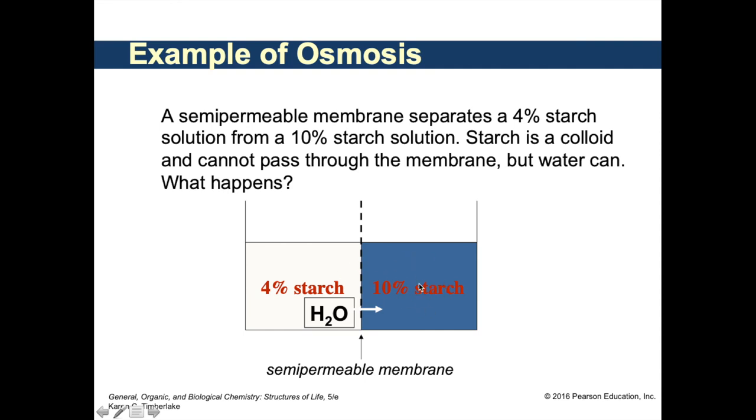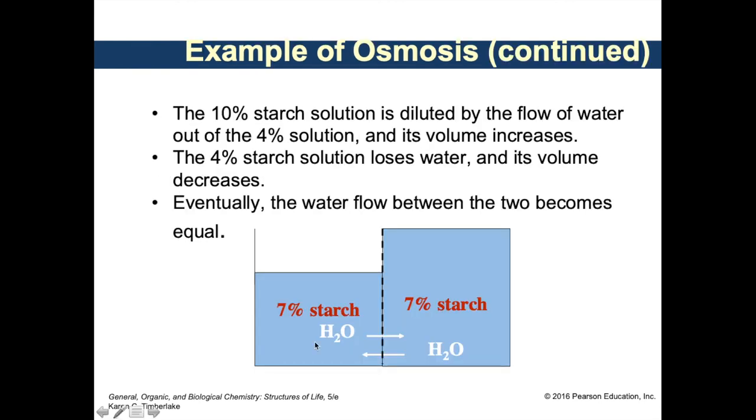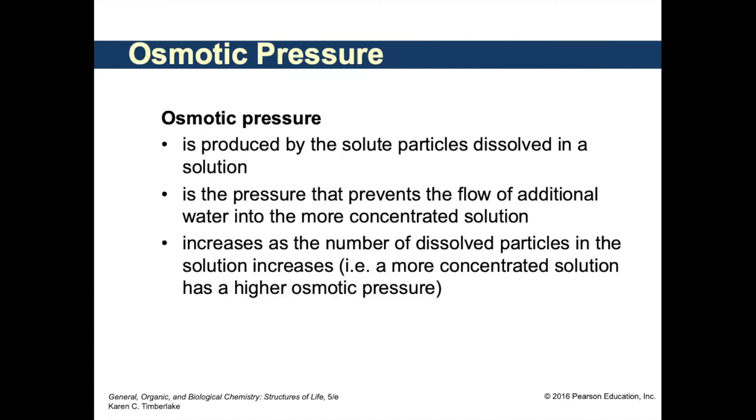Again, this is what drives diffusion in general. So once you get to this point where both concentrations are even, the rate of water going from one side to the other is going to be the same as the rate of water going the other way, because the concentrations are even.